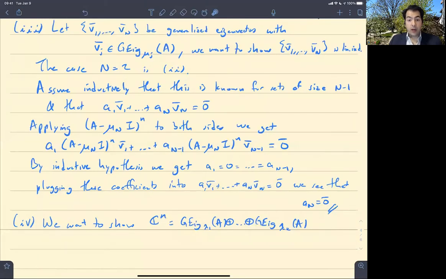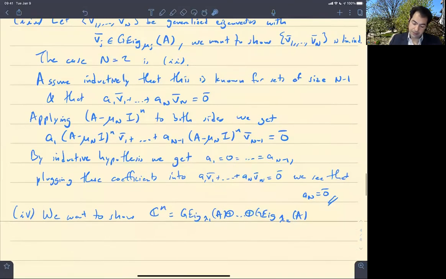The only one way is clear because of 3. We've shown that generalized eigenvectors corresponding to distinct eigenvalues give you linearly independent sets. So what we need to show is that every vector in Cn can be written as a sum of generalized eigenvectors.